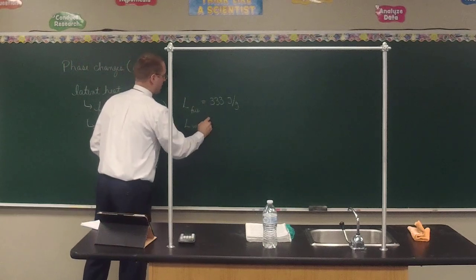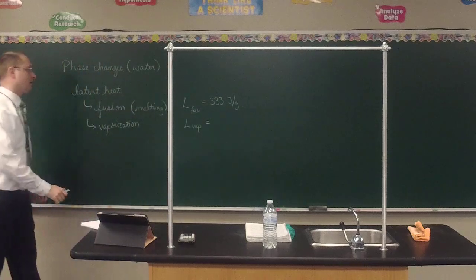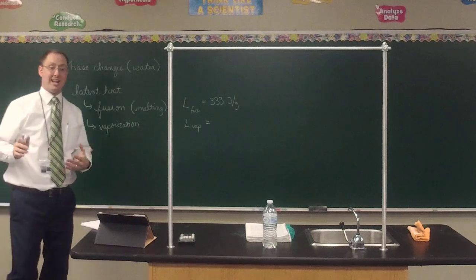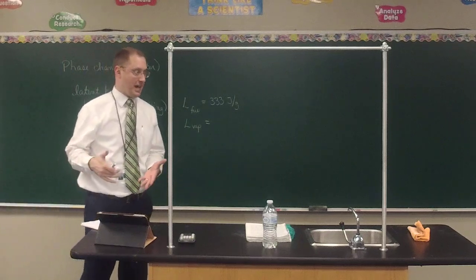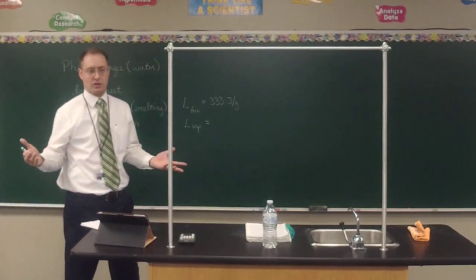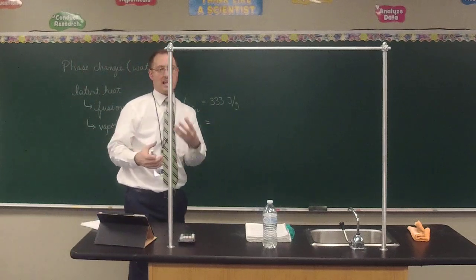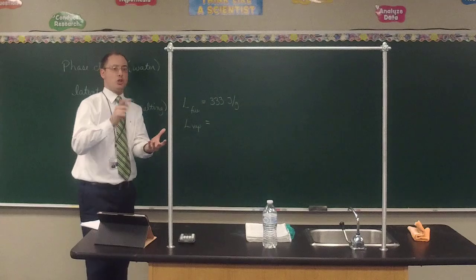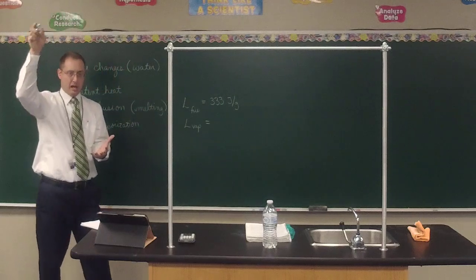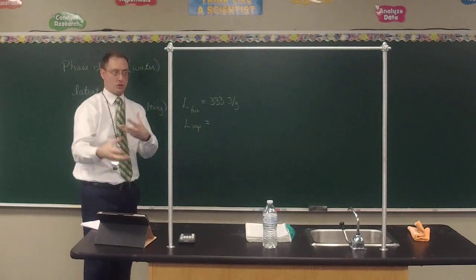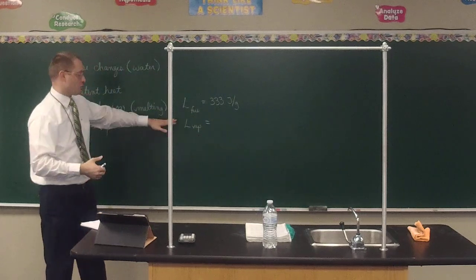Heat of vaporization, L sub VAP, is much higher. Because remember, water has rather strong cohesion. Adhesion is stronger than cohesion, but water has a strong cohesion. Water molecules tend to stick together. You're literally taking a molecule and causing it to go flying up into the air, leaving everyone else behind. Now again, the molecules will move faster and faster inside that pot as you raise the temperature.